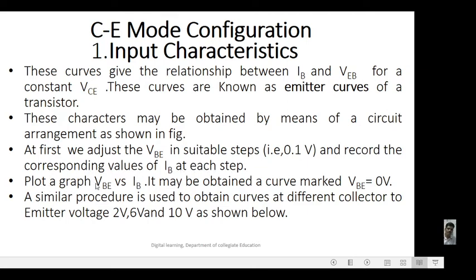Plot a graph of VBE versus IB, with VBE along the x-axis and IB along the y-axis. So we obtain a curve marked VCE equals 0 volts. A similar procedure is used to obtain curves at different collector to emitter voltages, 2 volts, 6 volts up to 10 volts, as shown below.